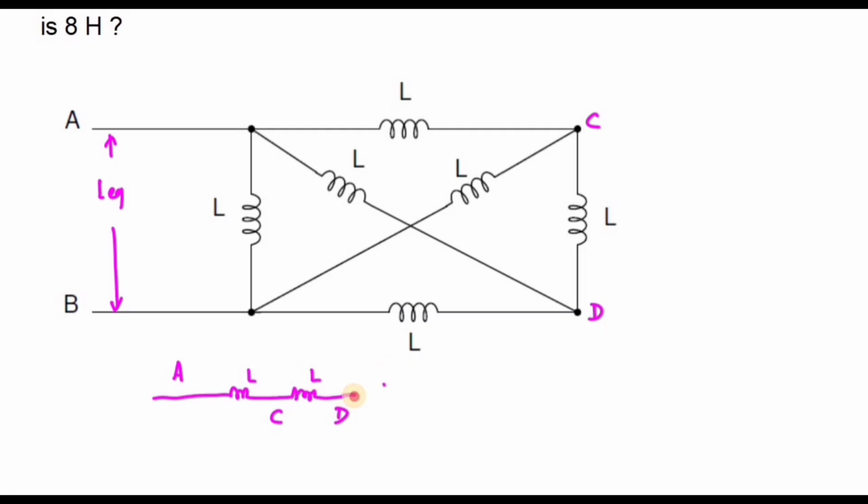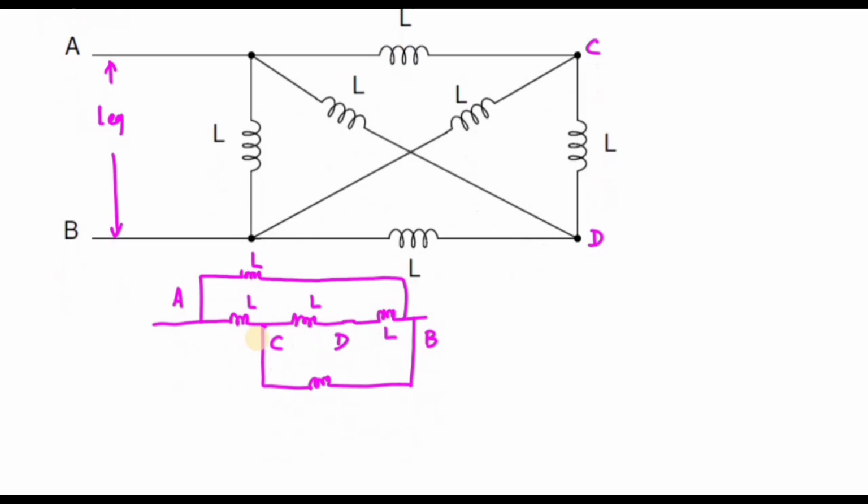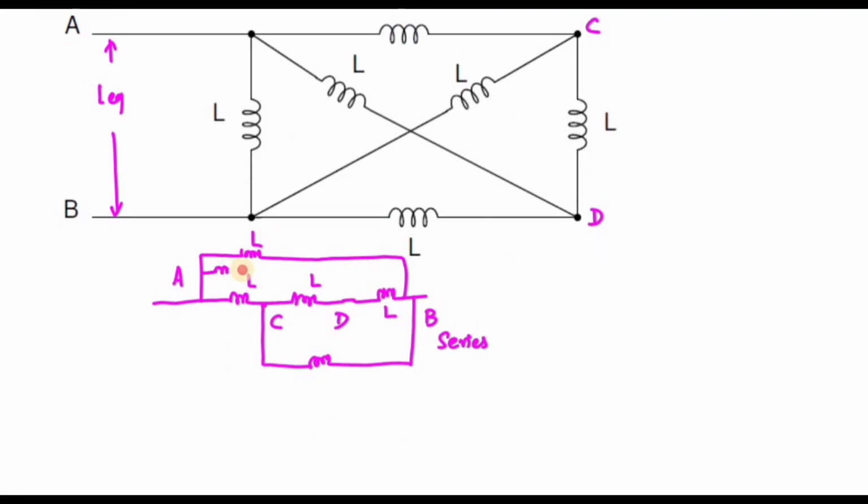We can see I have covered the outer portion. Then from C to B, I have one inductance. From A to B, I have one more inductance. Then I also have one inductance from A to D.